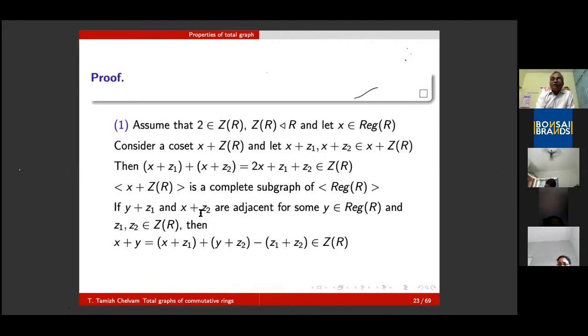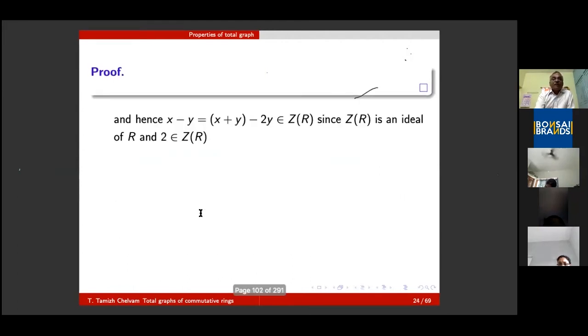Now, if they are adjacent in the total graph, their difference is in Z of R. Z of R is an ideal. You know, a minus b is in I if and only if a plus I is equal to b plus I. Ultimately, these two cosets are one and the same. That is, all distinct elements of a particular coset are adjacent.